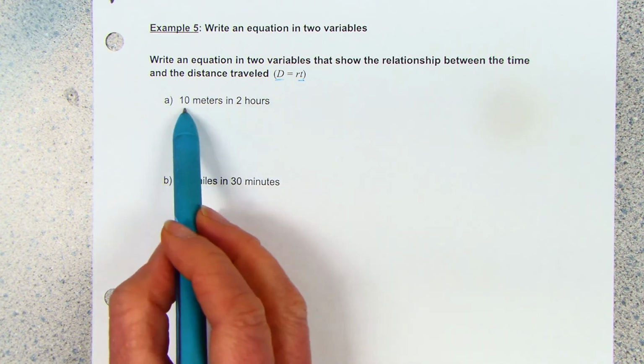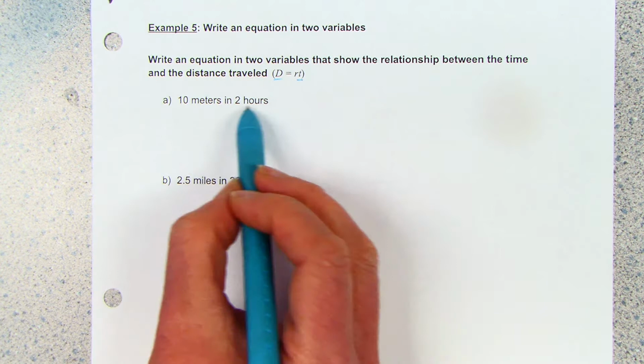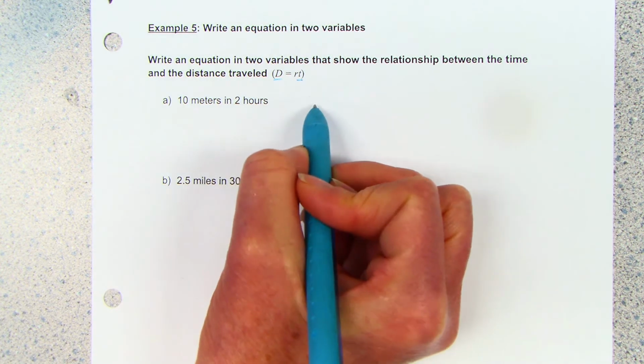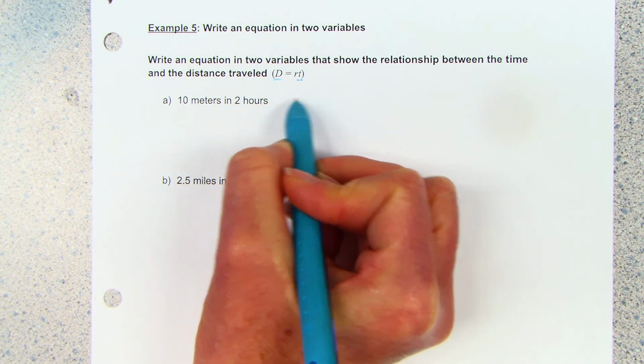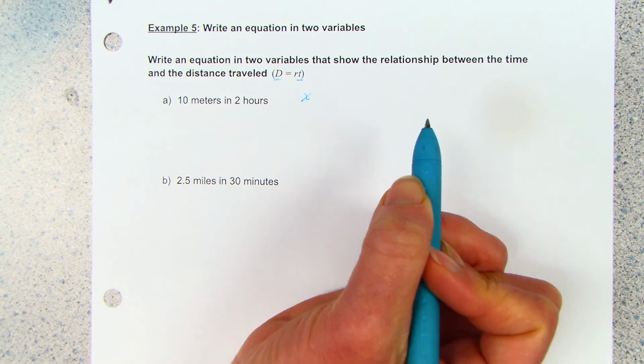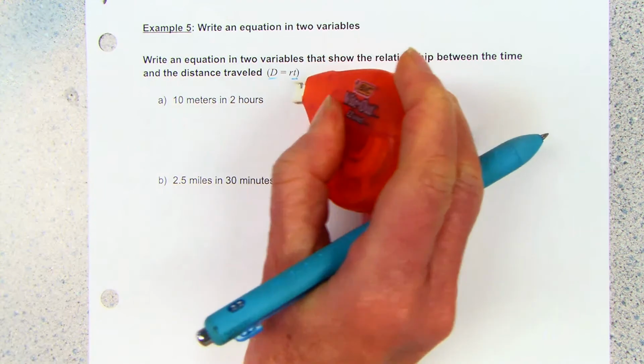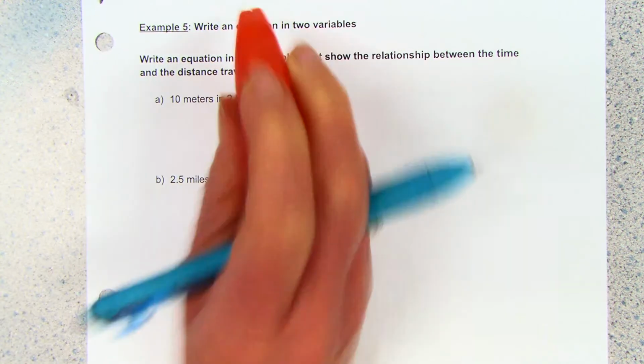Right? And so when I look at this problem, I see 10 meters in 2 hours. So I know that... probably easiest to think about the x. No, let's not do it like that. Sorry. That's going to be confusing.